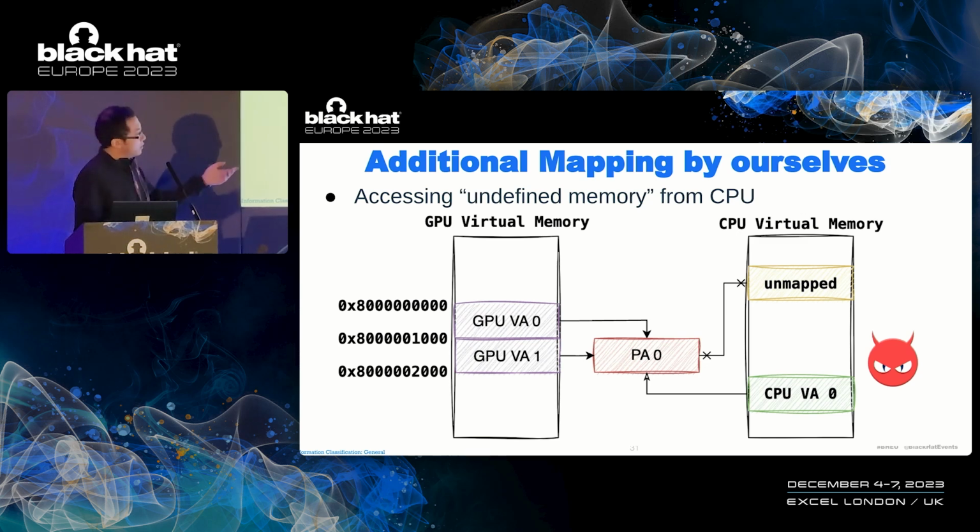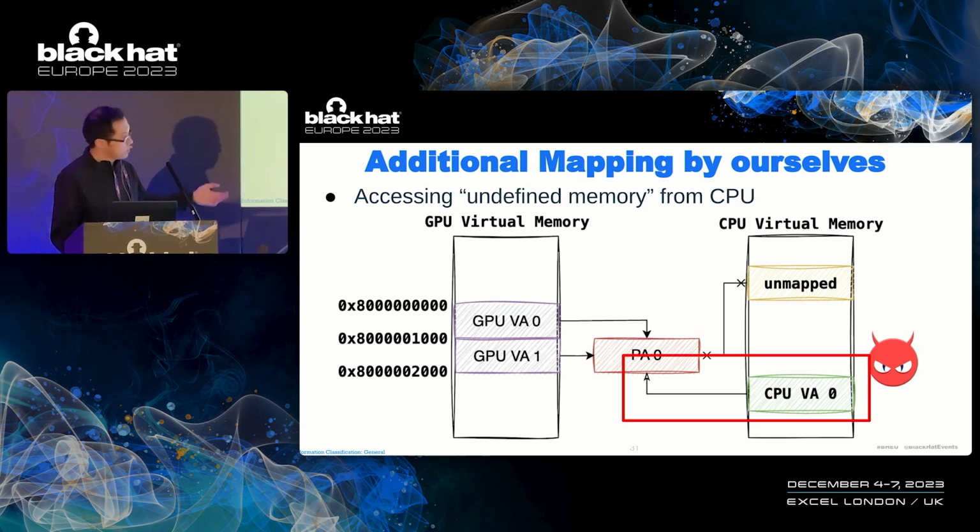So we now have another CPU virtual memory mapped to the physical pages here. The driver actually does not expect to have additional extra memory mapping. So when we ask the driver to free the physical pages and unmap all the GPU virtual pages, this CPU mapping still exists.